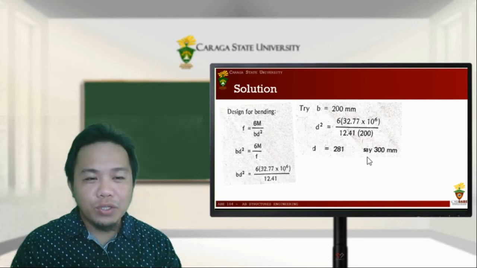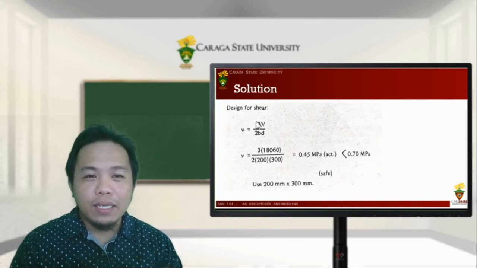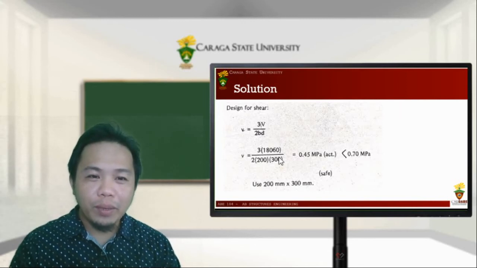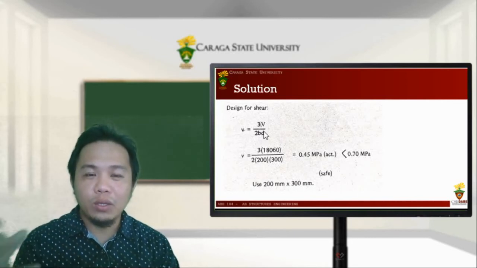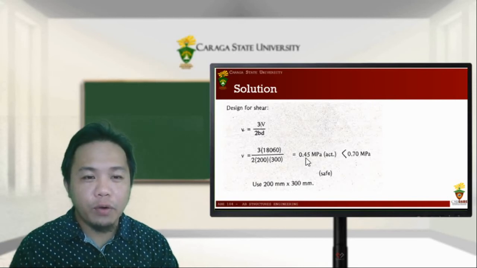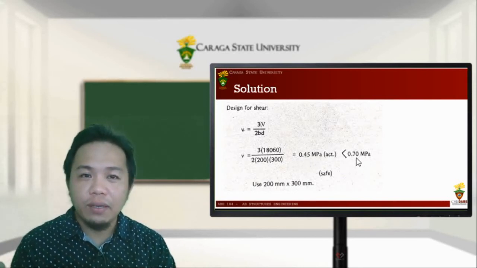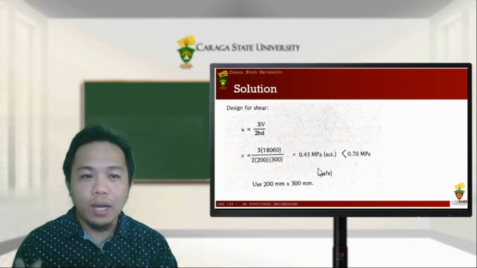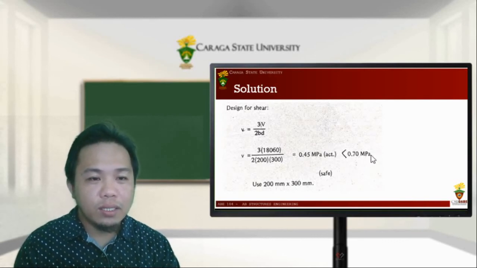So to check, let's use the shear stress formula. So by simple manipulation, you can find that the shear stress using that size, the 200 by 300, you will have a shearing stress of 0.45 MPa, but the allowable is 0.70. So it's safe. So you can use 200 mm by 300 mm as long as the shearing stress will not exceed this limit.